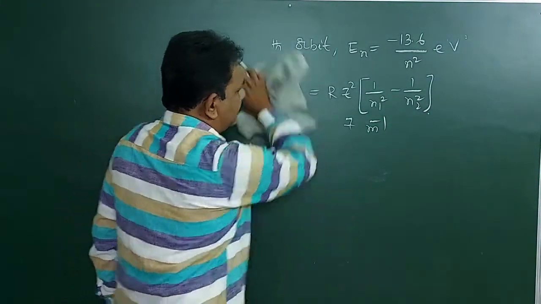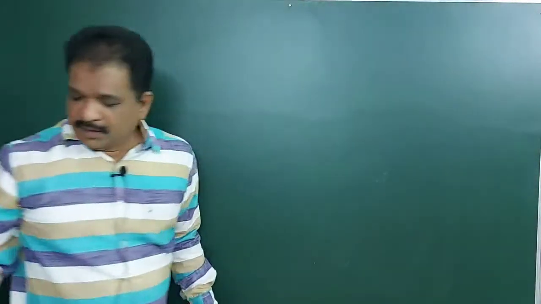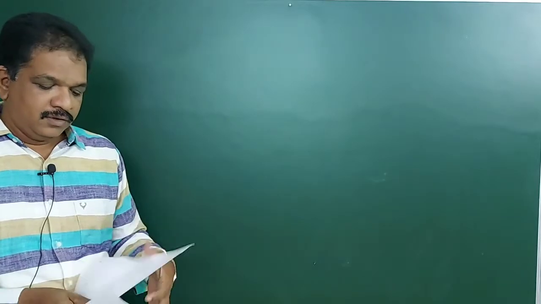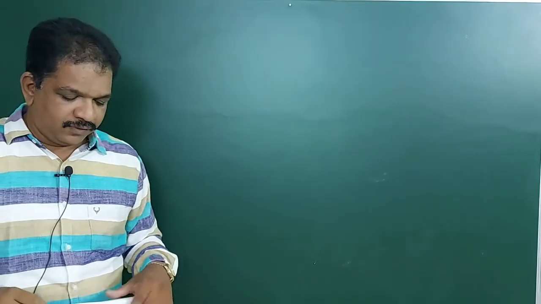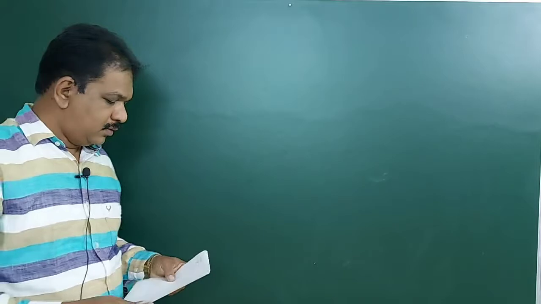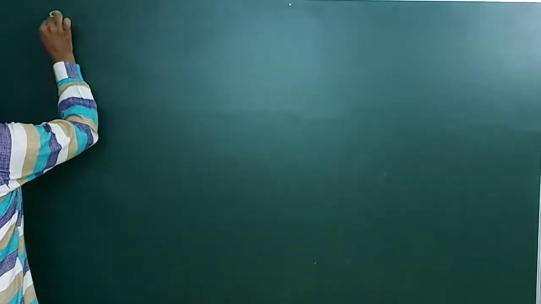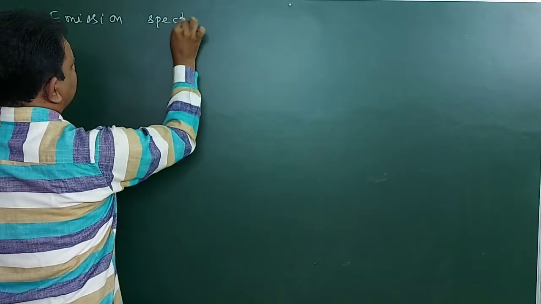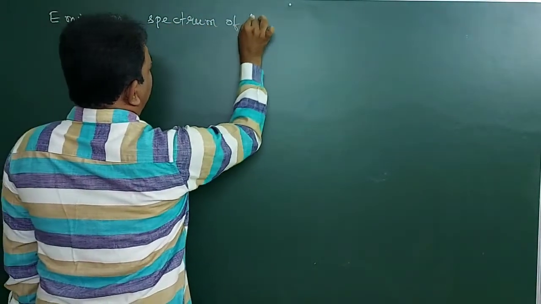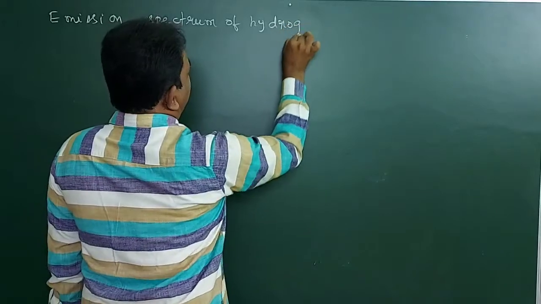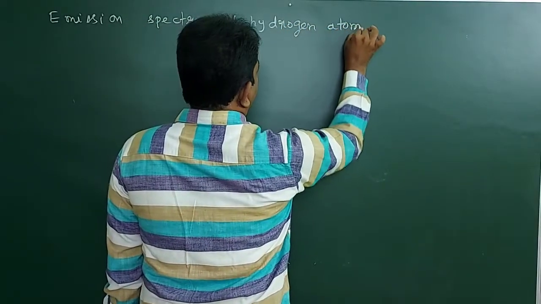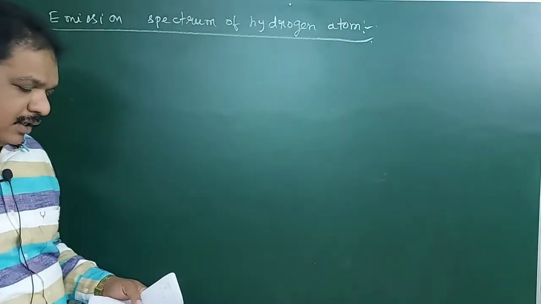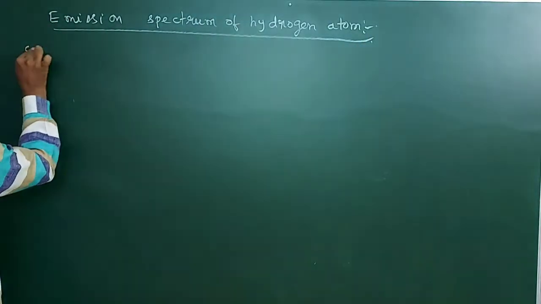Next, electron transition. Some questions will be there. What are the formulae relating to that, you see? So draw this in tabular form, all of you. Emission spectrum of hydrogen atom. Totally 8 columns are there. Serial number.